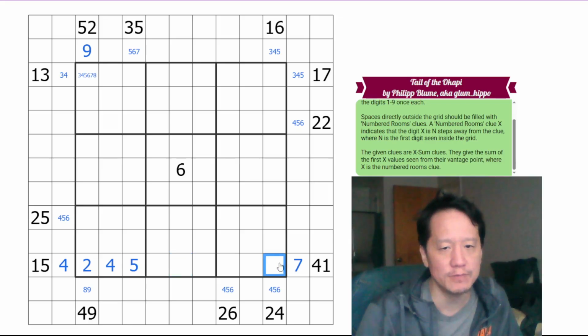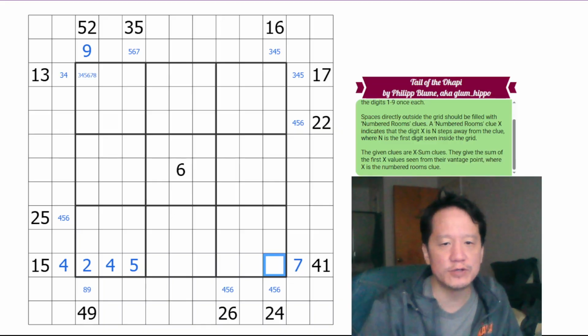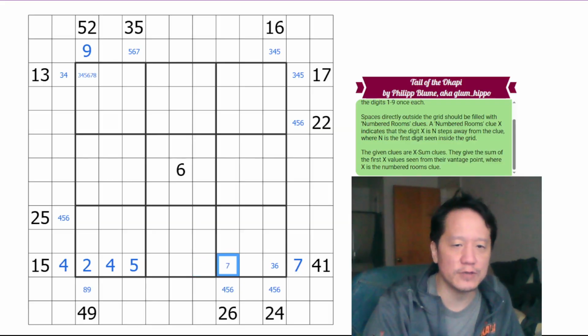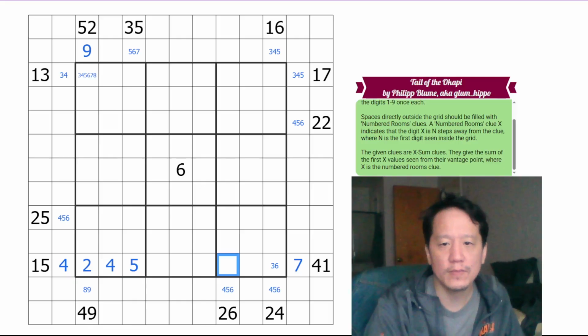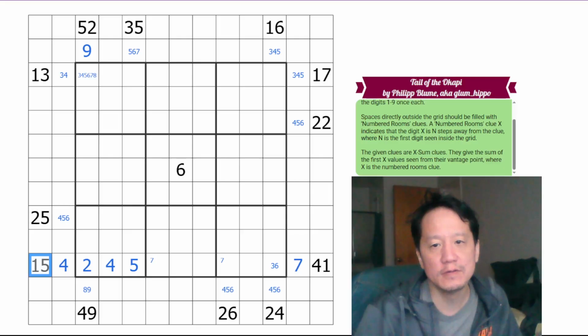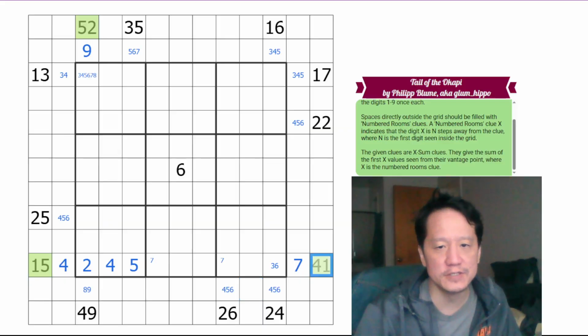It can't be in 1 because it would say that 7 has to be the first position, which is obviously not possible with the numbered rooms. So this is 3 or 6. Which means 7 has to be either here or here. We don't know which. So this is satisfied. So this is done.